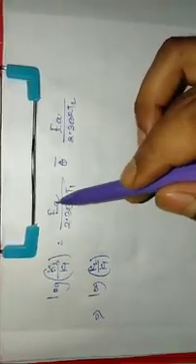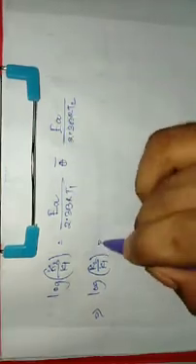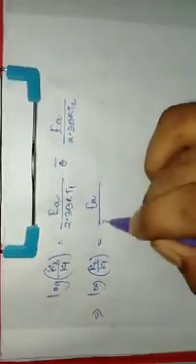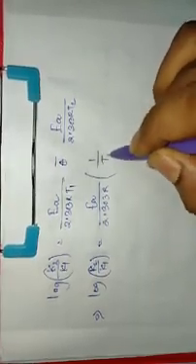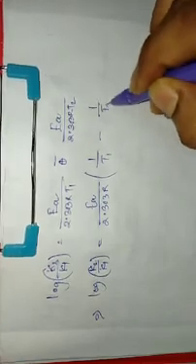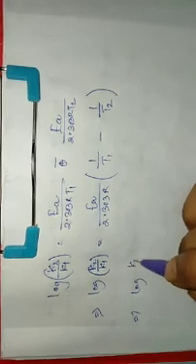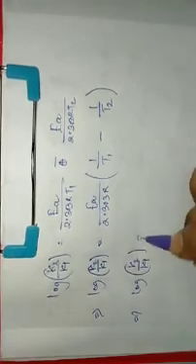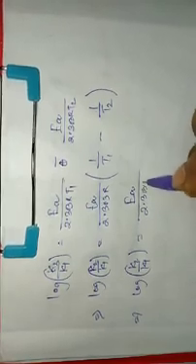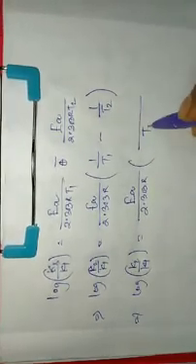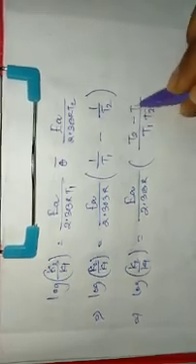Now EA divided by 2.303 R we can take common, then 1 by T1 minus 1 by T2. So log K2 by K1 equal to EA divided by 2.303 R, taking LCM of T1 and T2, then T2 minus T1 over T1 T2.